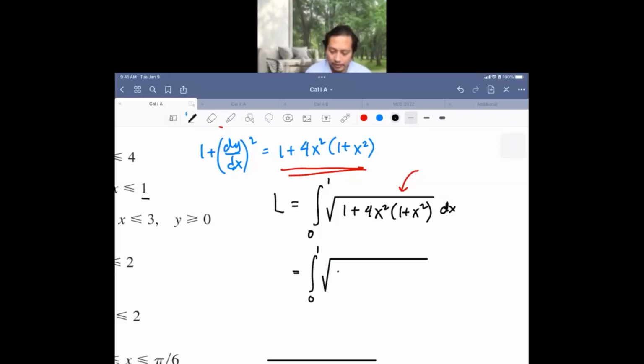So we will have 4x to the power of 4 plus 4x squared and then plus 1, right? Let me check. 4x squared, 1, 4x to the 4, and plus this, right?